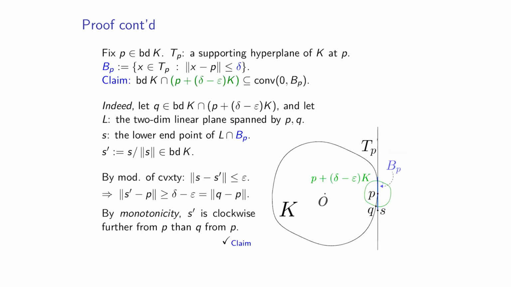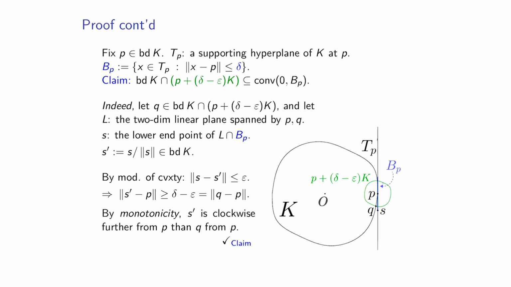Here. So you claim that by monotonicity, the norm of S prime minus P is bigger than the norm of Q minus P? By the modulus of convexity, it's bigger, and then by monotonicity, we get that.